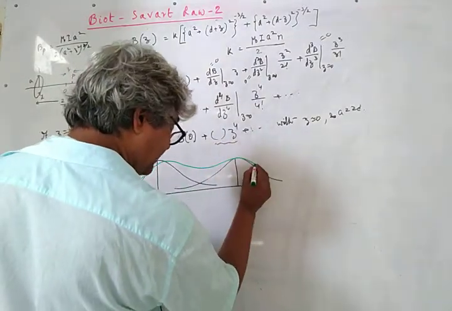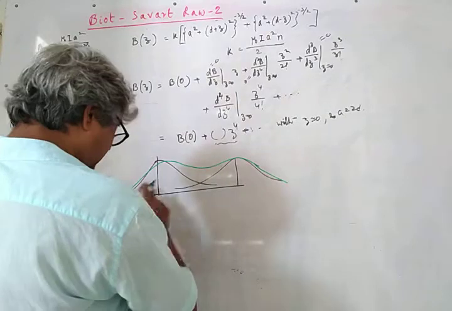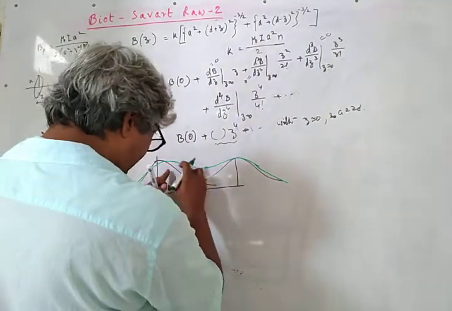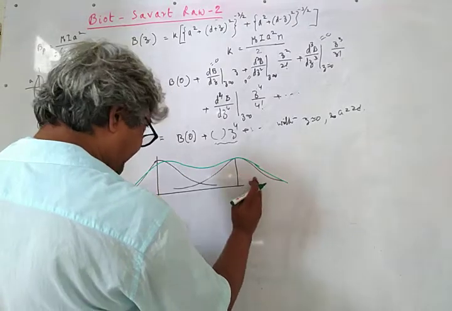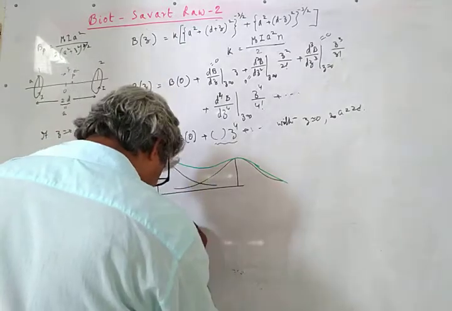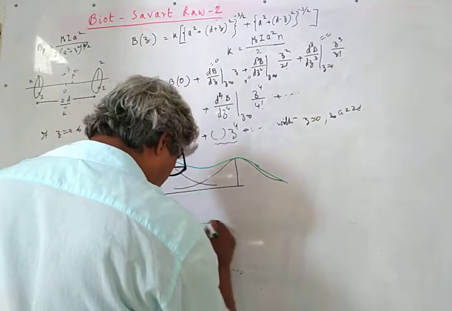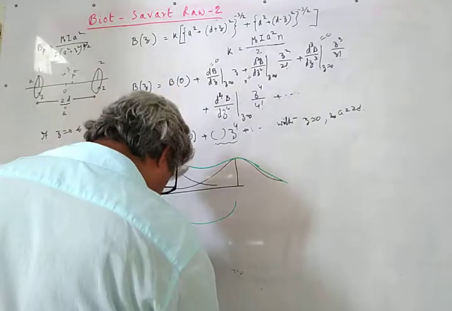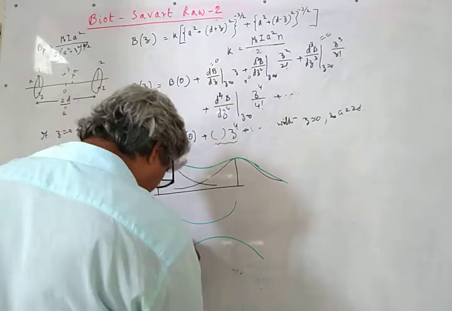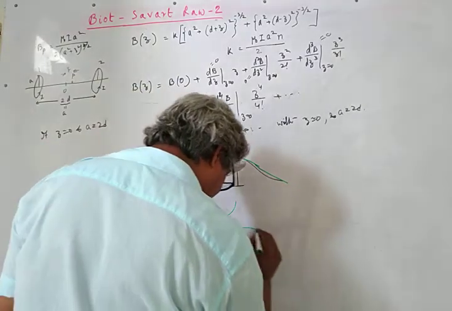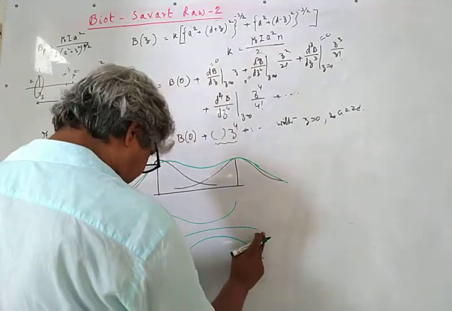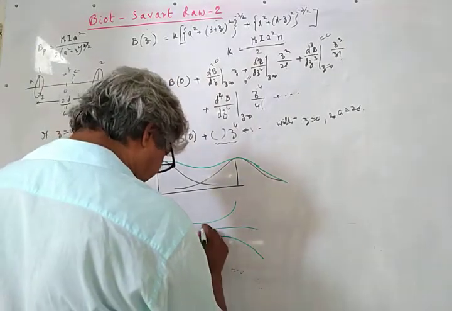In this region the field may have a downward trend if the separation is very large. If D is high, it will have this type of variation, if D is low, this, and for an optimal value of D the result will be this. It will remain constant over a large separation.